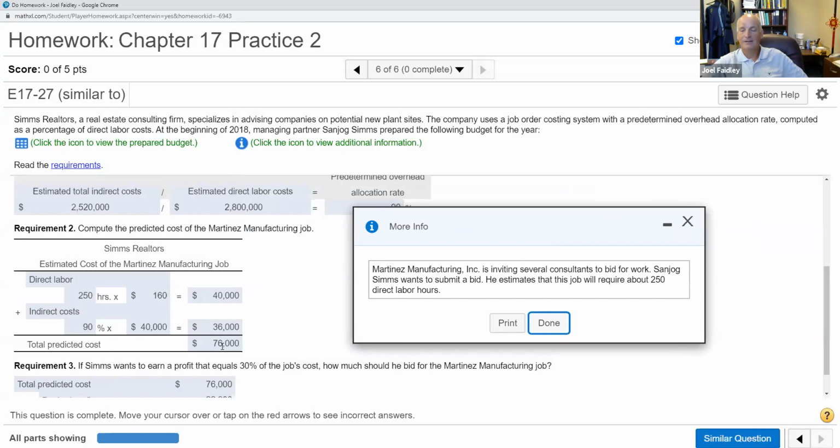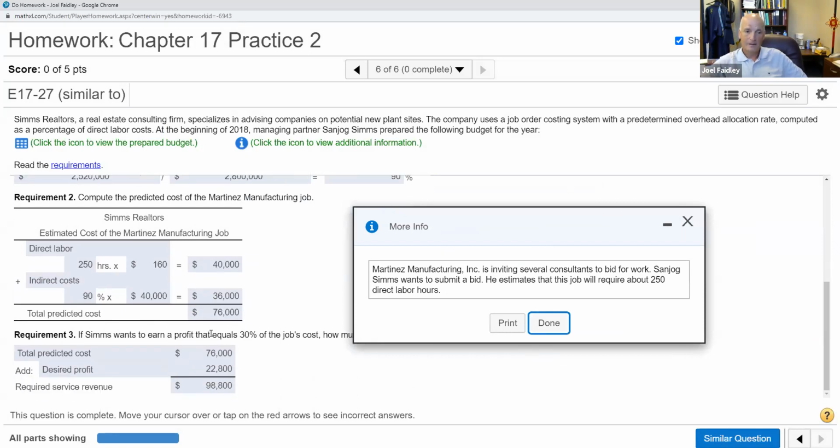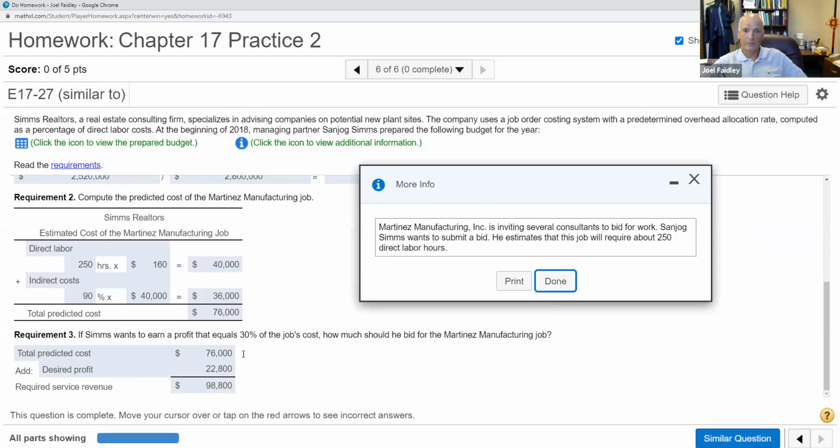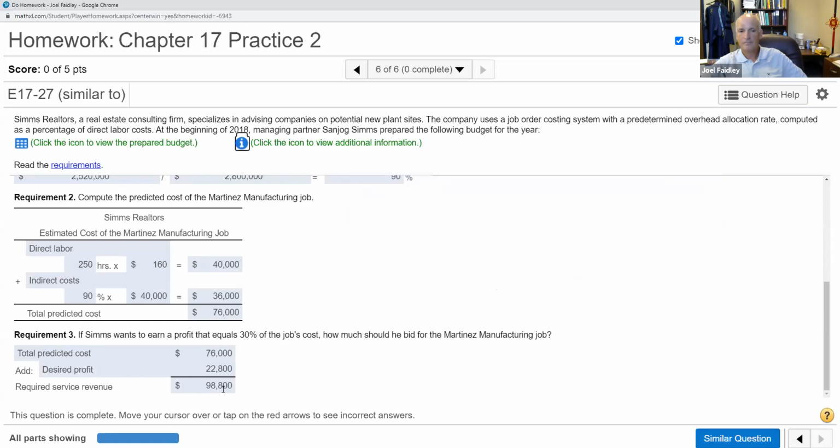So the predicted cost to cover all of my costs, even before profit, is 76,000. And it's given up here that we want to have a profit equal to 30% of the job's cost, and 30% of 76,000 is 22,800. So required service revenue is 98,800. That's what we have to bill for in order to reach our desired profit and cover all of our costs.